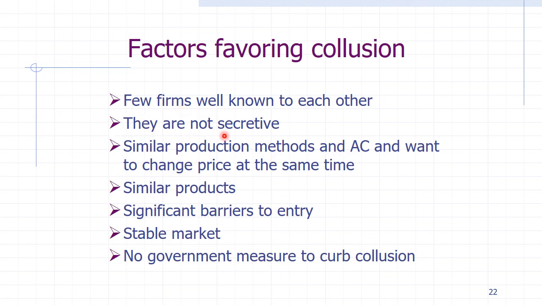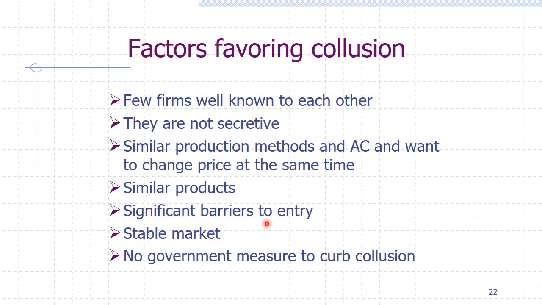There are no secrets between them. They may not be very competitive, and they can easily face the market. Similar production methods and average cost, and they want to change price at the same time. Similar products, significant barriers to entry.